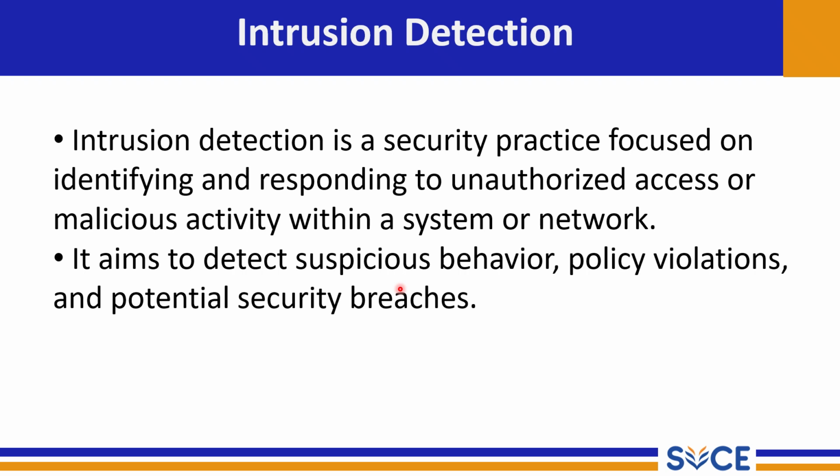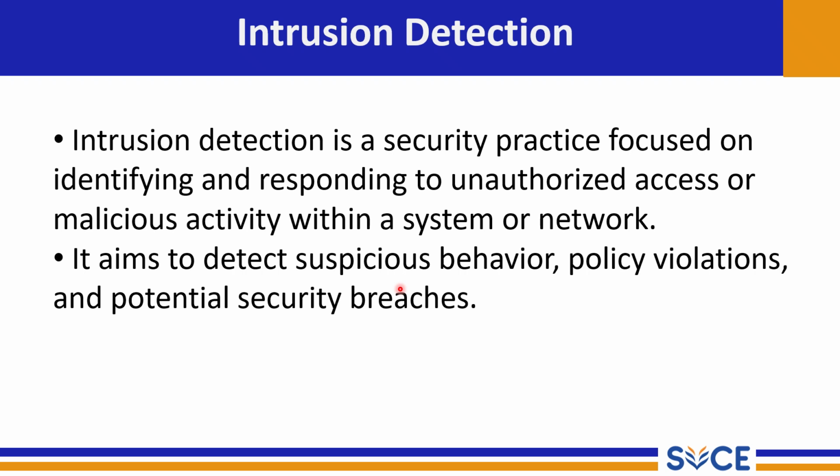Then detection: they analyze this data using various methods like signature-based detection or anomaly-based detection, identifying deviations from normal behavior. And then alerting: when suspicious activity is detected, the IDS generates alerts and notifies the administrators as well as the team members who are working on it.